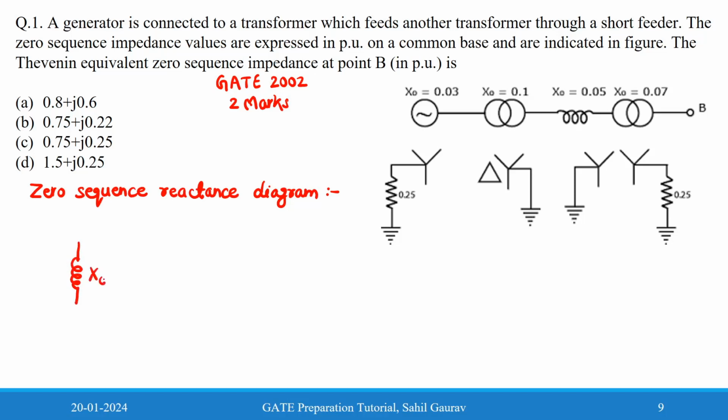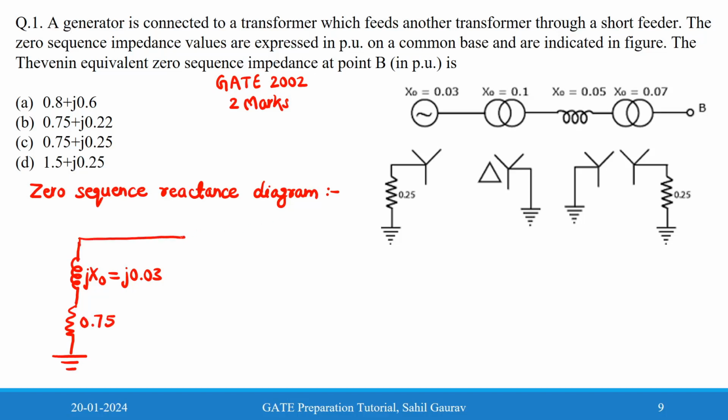X naught is j0.03, and this resistance is connected, so it is 3 times Zn. Whatever the value, we have to multiply it by 3, so it comes as 0.75 resistance value.